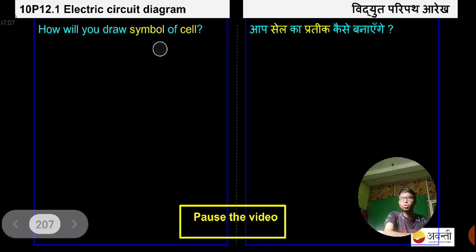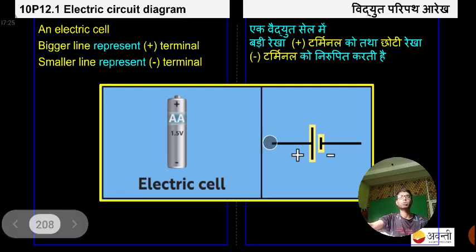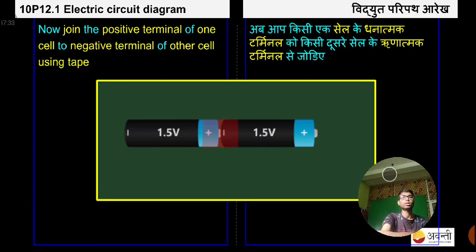How will you draw the symbol of a cell? Like that. This small line will indicate the negative terminal, and this big line will indicate the positive terminal. Now join them, and it will form a battery which will give 3 volt.